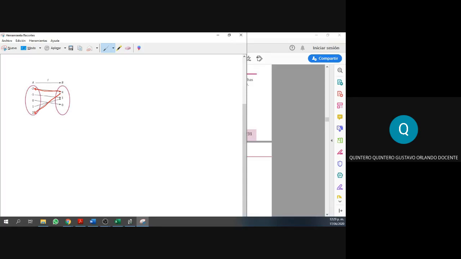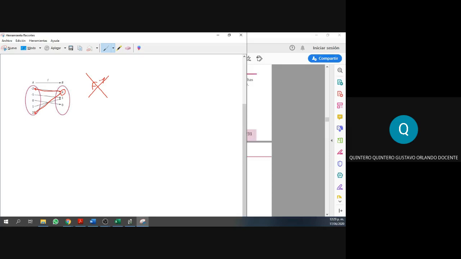And just with that example, the 4 has 2 images. 2 lines are coming out of the 4. So this is not a function. The inverse cannot exist because it's not a function.